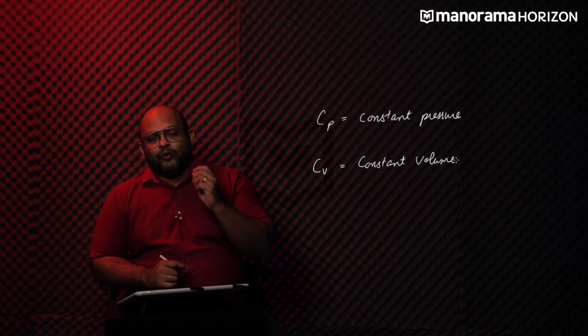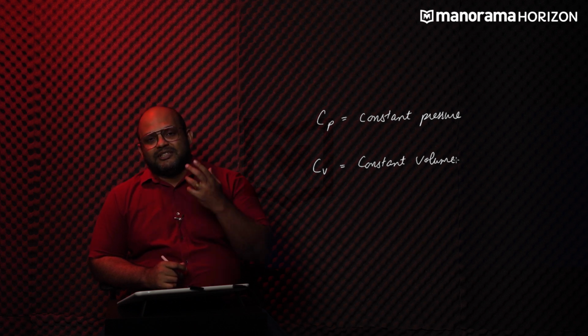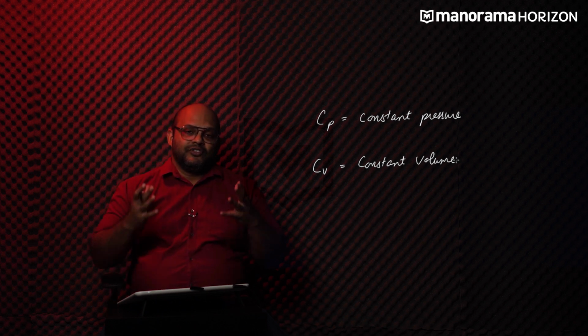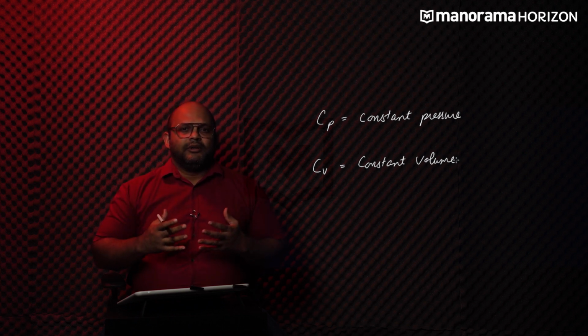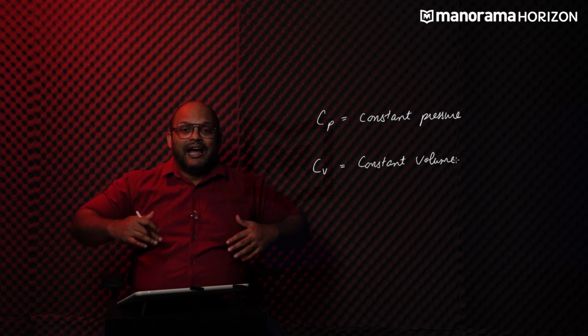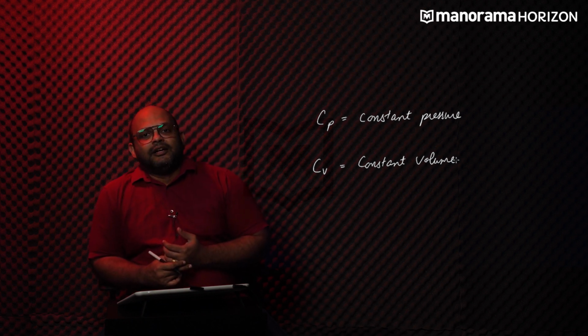It is 4186 joules per Kelvin per mole. And because of this anomalously high value of specific heat, water is a material that can absorb a large amount of heat and release a large amount of heat without much change in temperature.